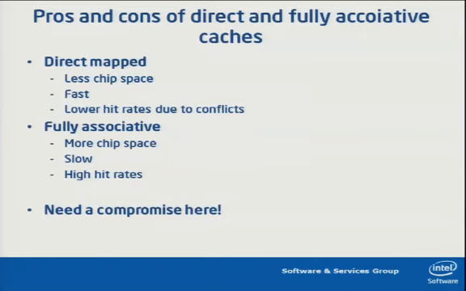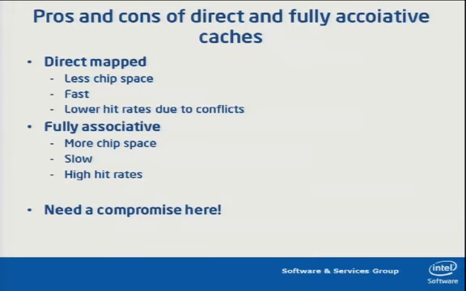Then we have the fully associative approach, where we actually need a lot more chip space because we need to have a very elaborate method of replacing the cache lines. It's pretty slow, but has pretty high hit rates, because everything that was not touched in the last 4 accesses will still be there. Right?